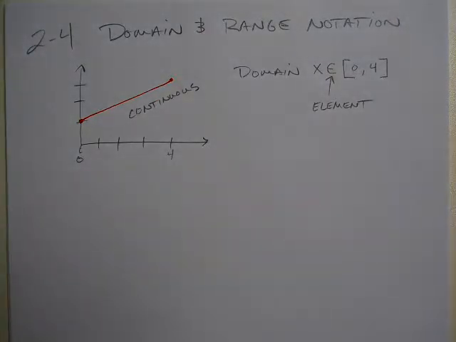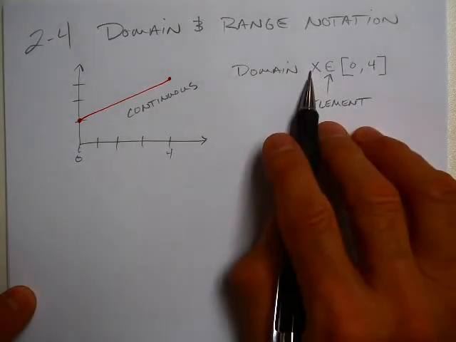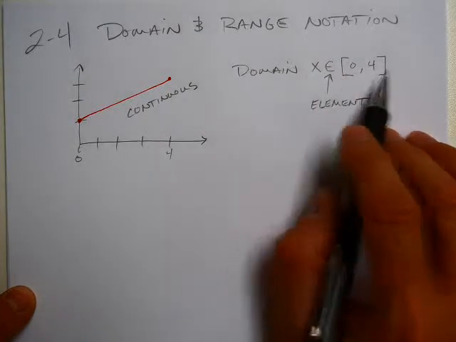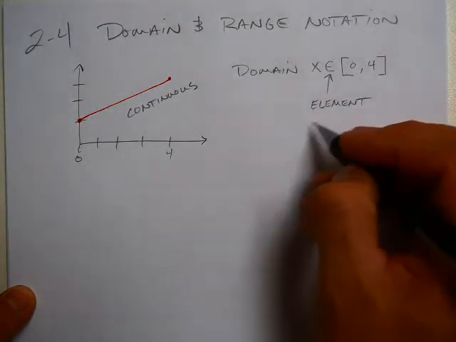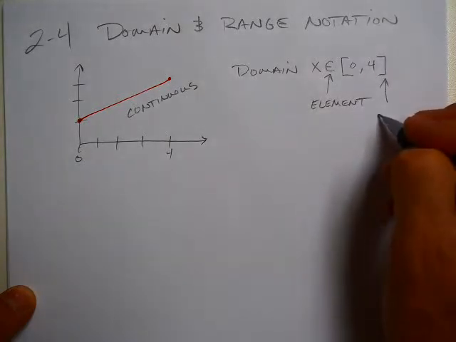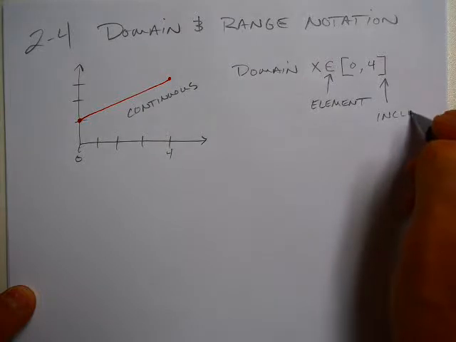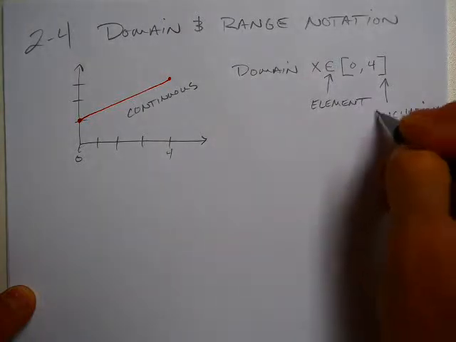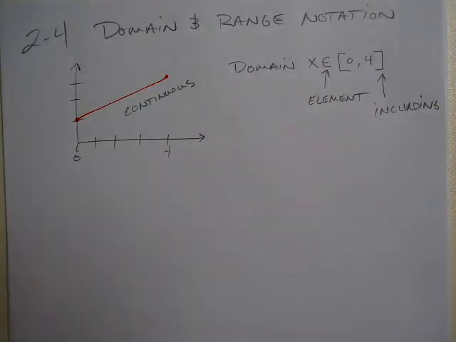Now, the brackets have specific meaning. So this is saying x, because it's the domain, x is an element between 0 and 4, as all elements, is basically what this is saying. These guys are including. The brackets include. We'll do another example here in a minute and show you what the difference is.